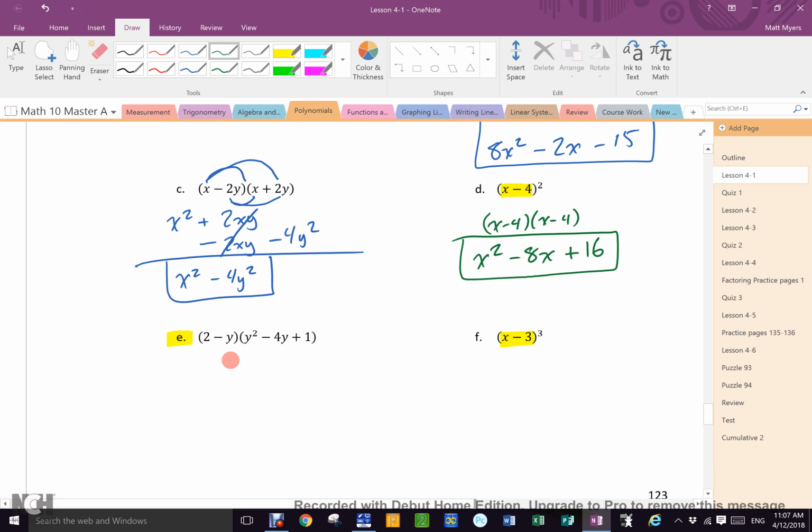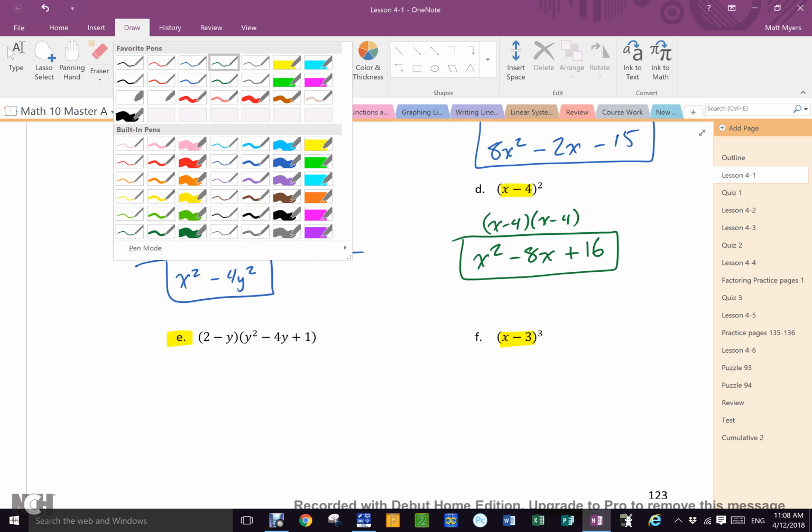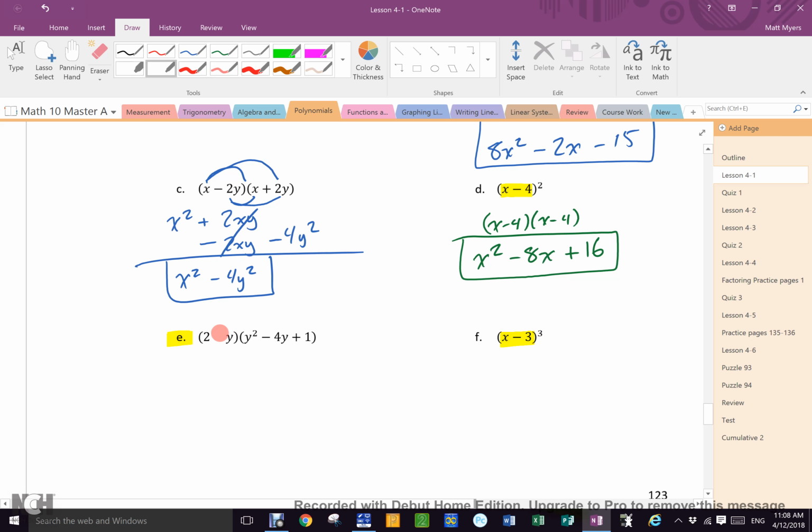Oh, barf. E looks difficult. Is it? Not if you know what you're doing. If this negative y wasn't there, what would you do with the 2? You'd distribute it. So somebody tell me what it's going to be. 2y squared.